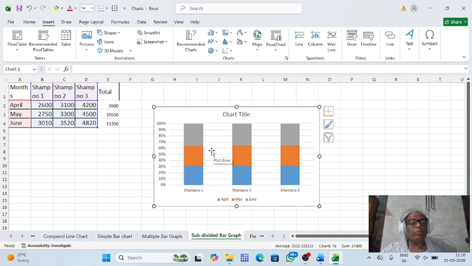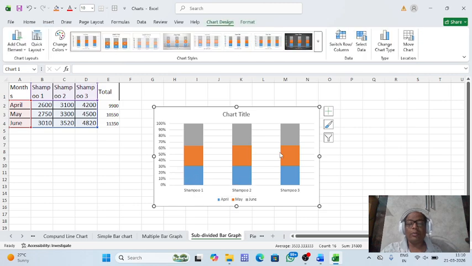So this is saying what the sales made month-wise are in each of shampoo 1, 2, and 3, and in that case month-wise data is given for each shampoo.